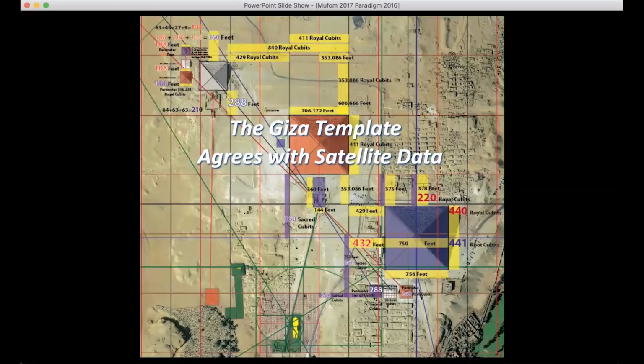For instance, in Menkaure, the third and smallest pyramid at the top left corner, I think in Petrie's data it's either 27 or 33 feet to the east compared to the satellite data. I think it's 33, but it was probably his assistant Johnson who put the stake in the wrong place when he was trying to set up the instrument.